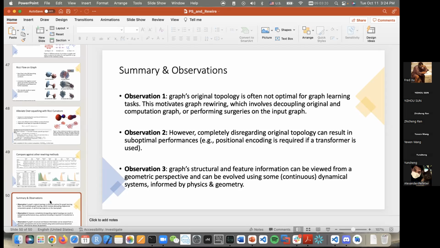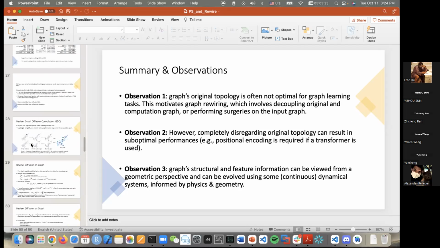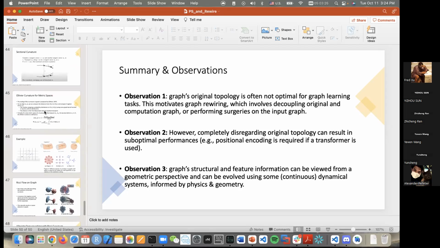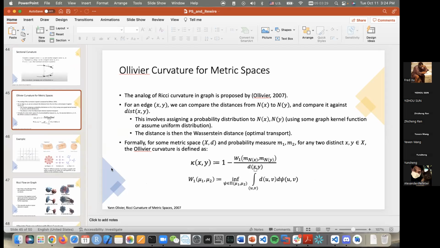For the second work, for example, we have this Ollivier curvature. I think it's very interesting because earlier Yawen and I thought about how this graph manifold could be very complicated. The curvature could be very different at each local node, right? So how can we handle that? Right now, most graph neural networks do not really consider the curvature and just apply standard message passing, most likely with the assumption that everything is in Euclidean space.